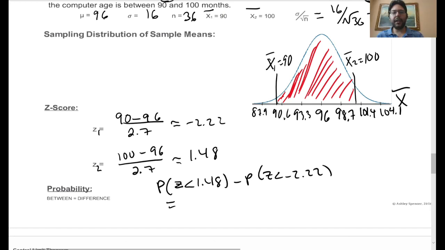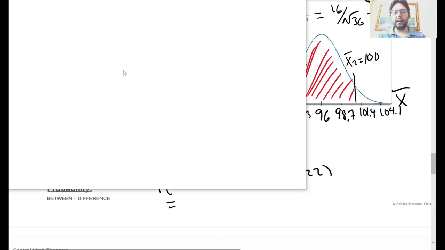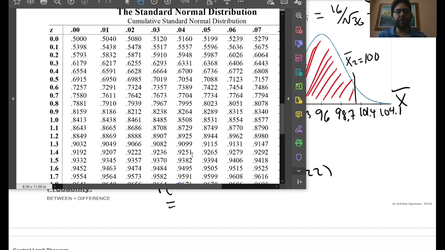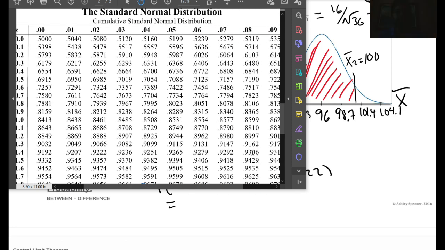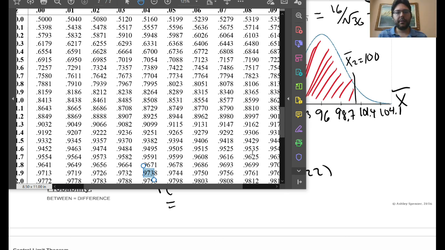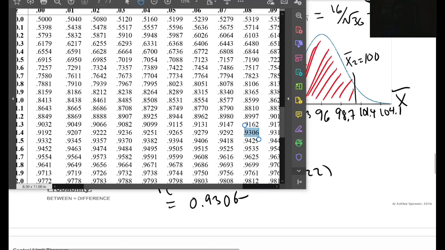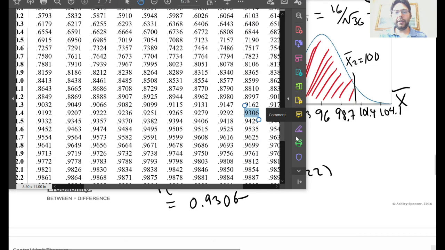So let's look at 1.48 on the chart. This is the 8 part, and 1.48 is 0.9306. And then we got our negative 2.22 that we got to look up. So we got to go to the negative side.